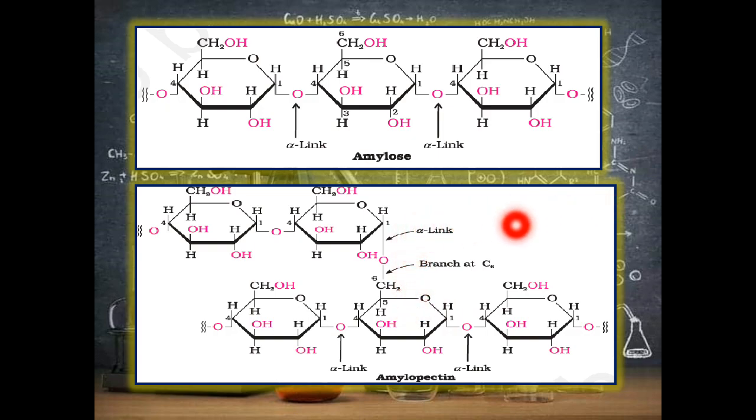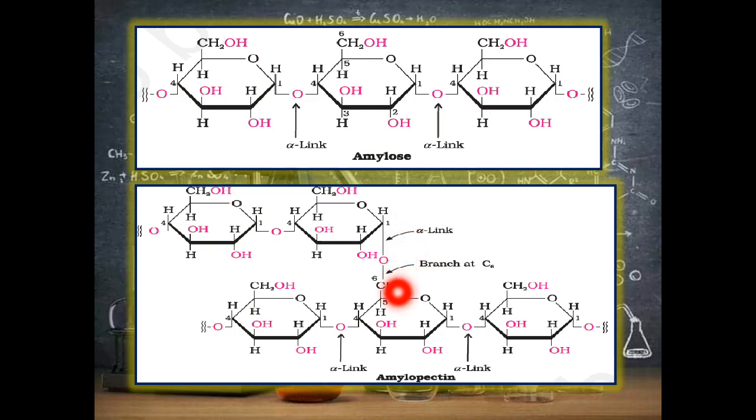Where exactly is the linkage? Can you see, this carbon number 1 links with carbon number 6 of this glucose of another chain. So there is a branching present in the amylopectin structure through the C1 C6 glycosidic linkage.